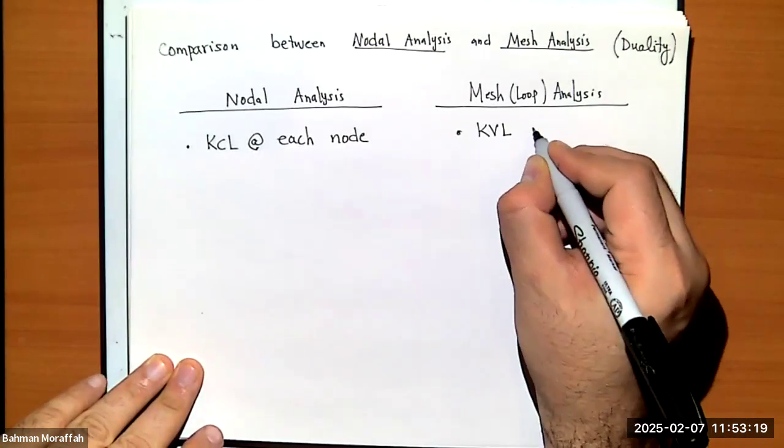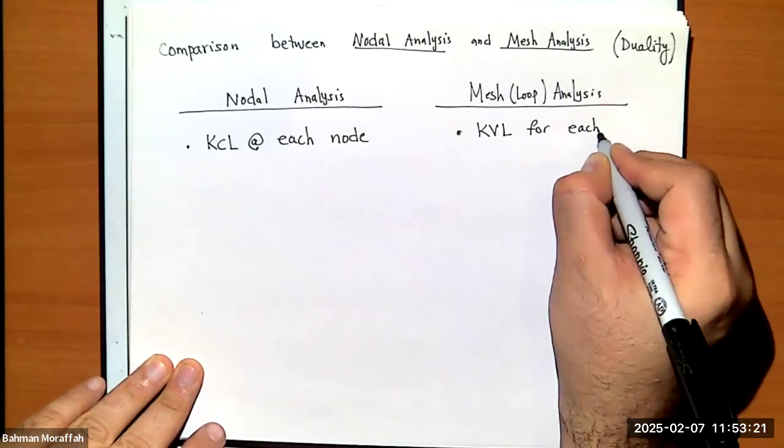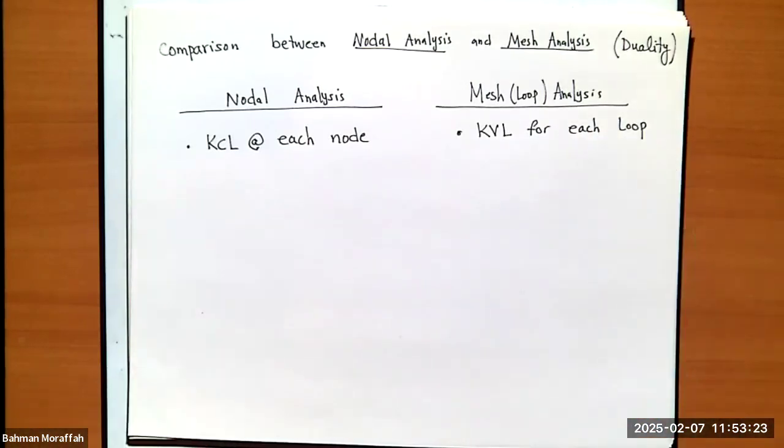KVL for each loop. So if I basically replace current by voltage, node by loop, if there is a duality, everything else should follow. Let's see if it actually is the same.